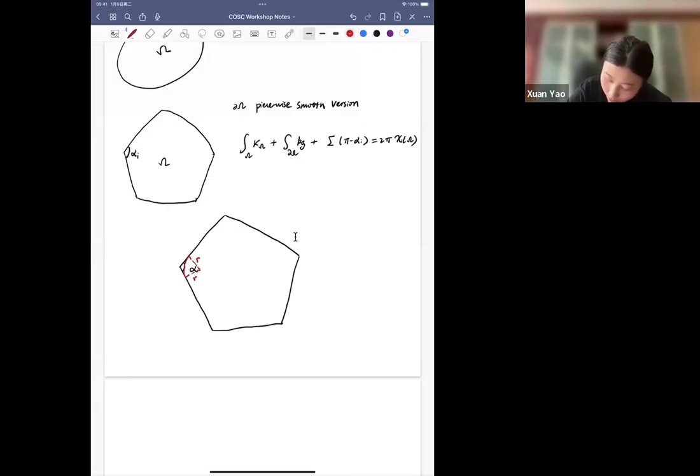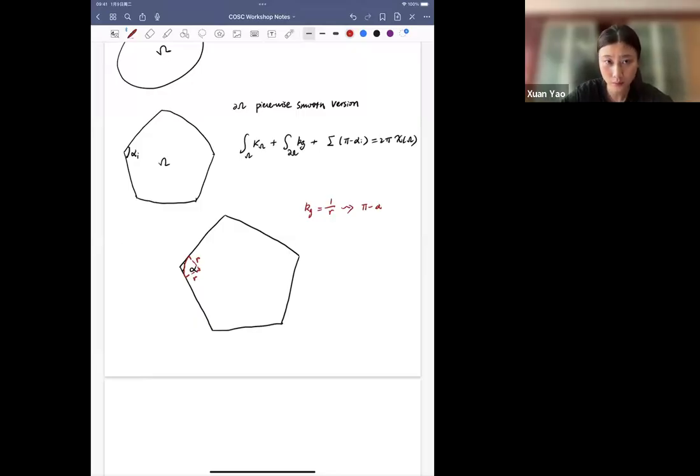The geodesic curvature of this arc is exactly 1 over r, and integrating it along the arc gives you pi minus alpha. This is an intuitive understanding of the piecewise smooth Gauss-Bonnet formula.